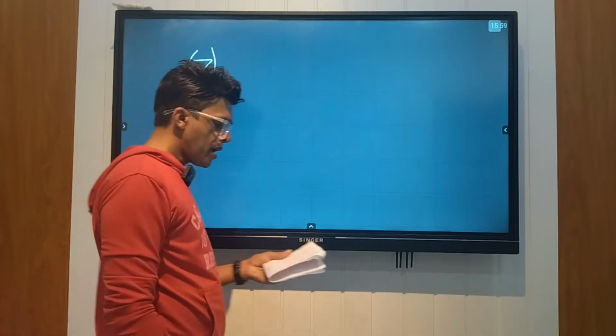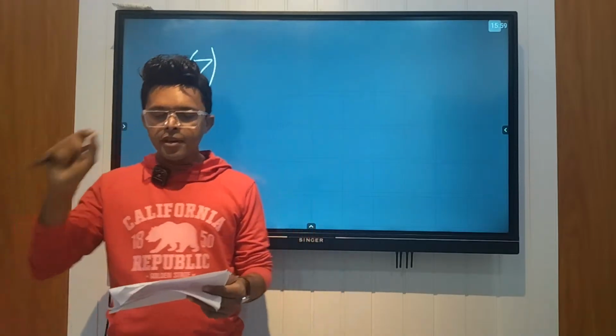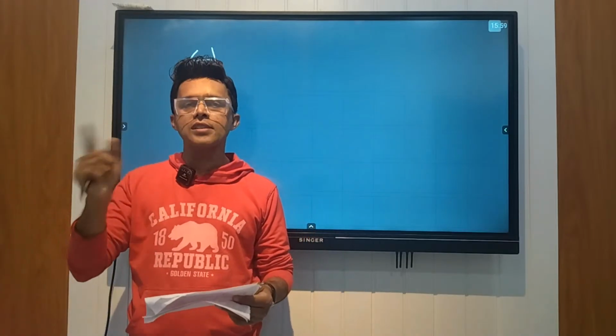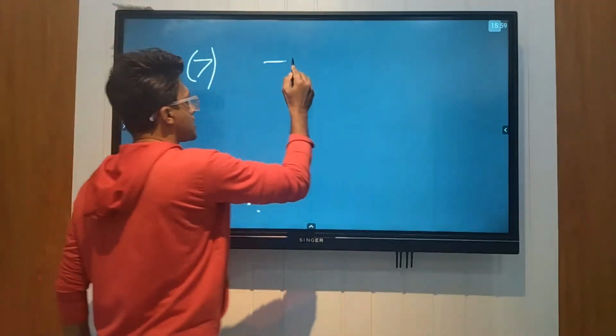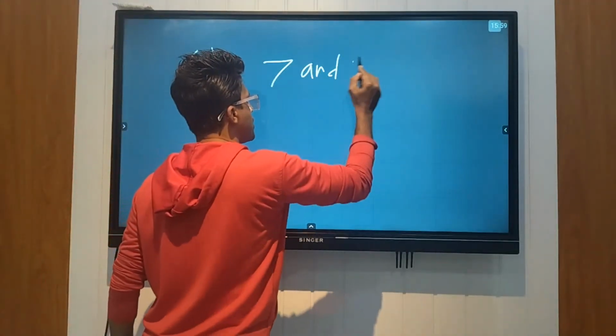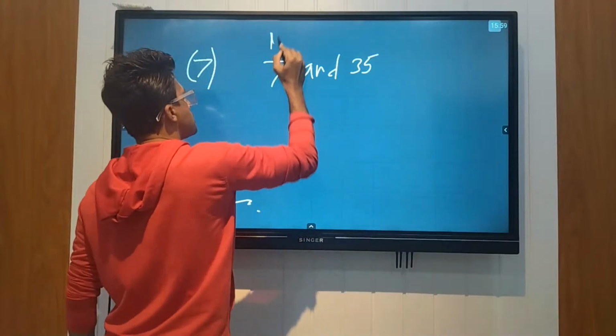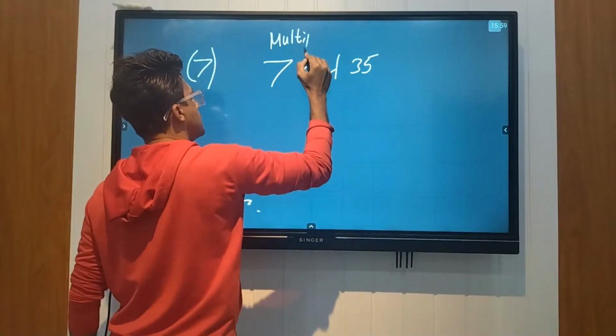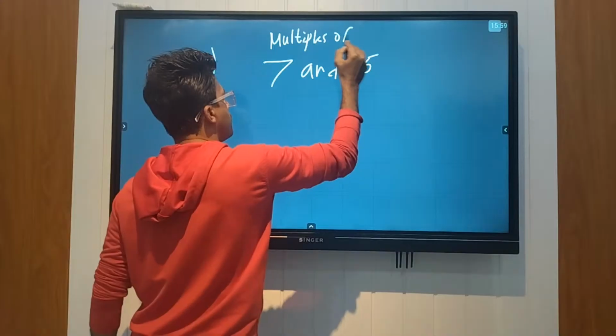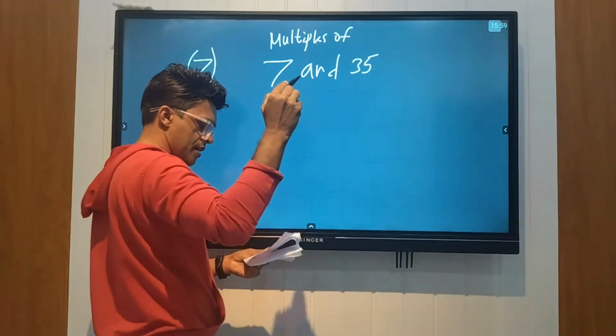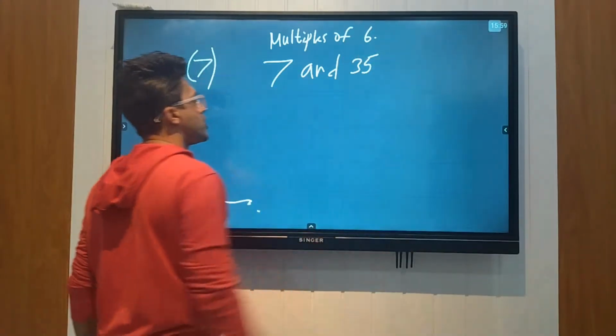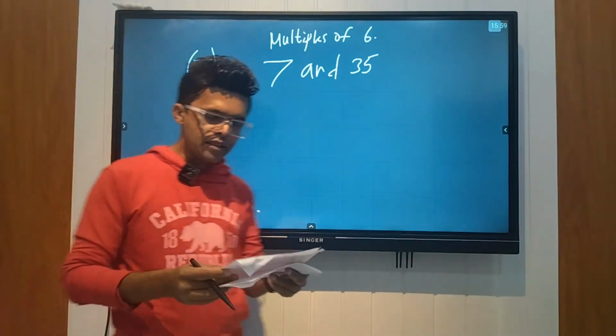Here we have been given multiples of 6 between 7 and 35. It says multiples of 6 between 7 and 35.